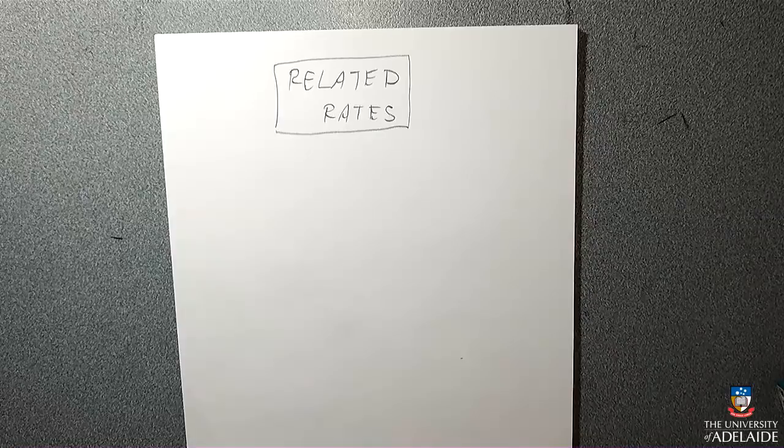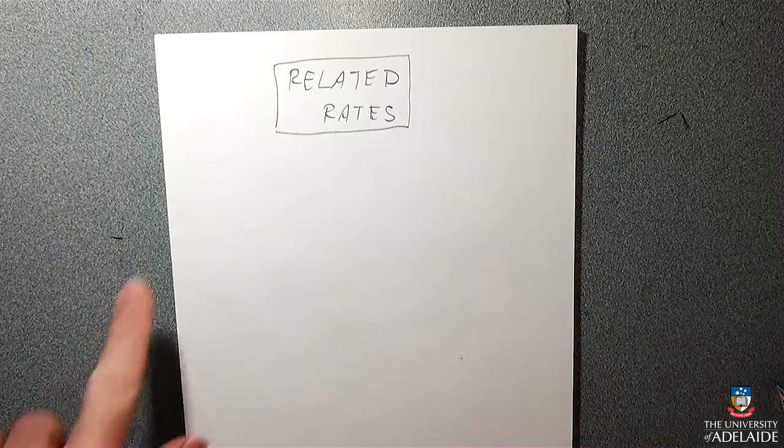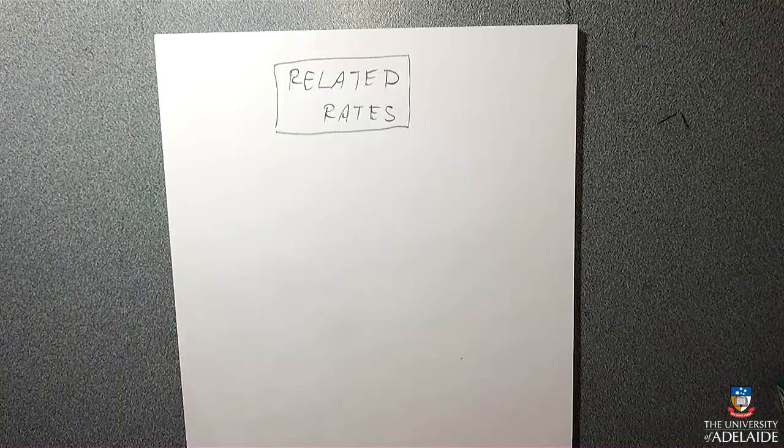My understanding of the related rates bit of this course is that you have some problem where things are changing and you're asked what the rate of change of something is at a particular moment.